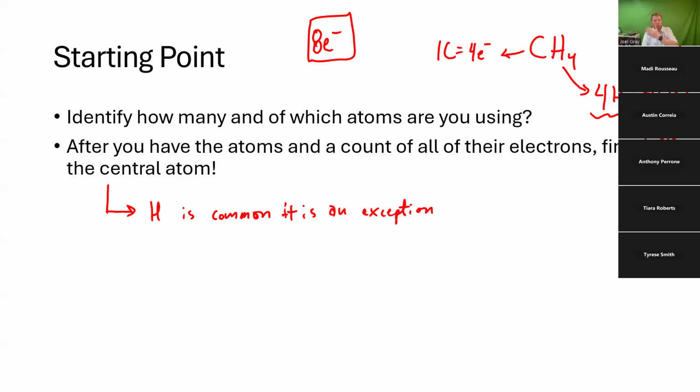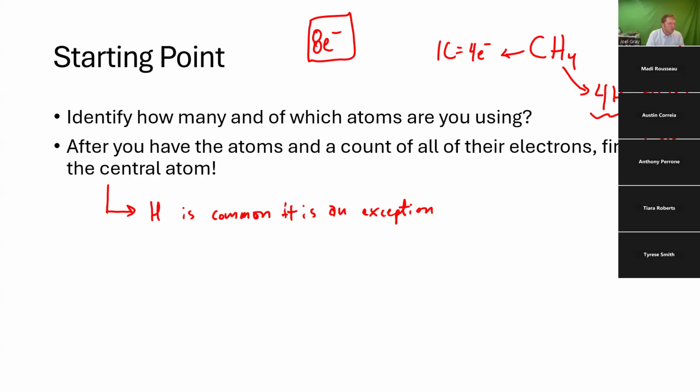So it breaks most rules. Just keep that in mind. Now, with that said, our two elements that we have are carbon and hydrogen.